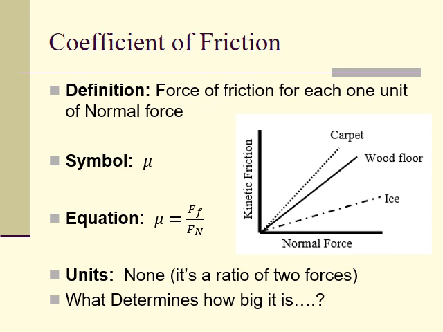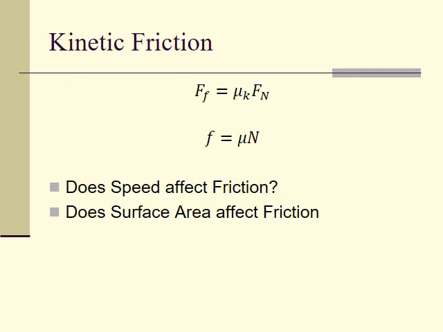That just means that, for example, on ice, you get, let's say, 0.1 newtons of friction for every newton of normal force, while on the wood floor you might get something like what we had before, 0.45 newtons of friction for every 1 newton of normal force. The higher the coefficient of friction, it just basically means the rougher the surface. You can often think of the coefficient of friction as just that, a measurement of how rough the surface is.